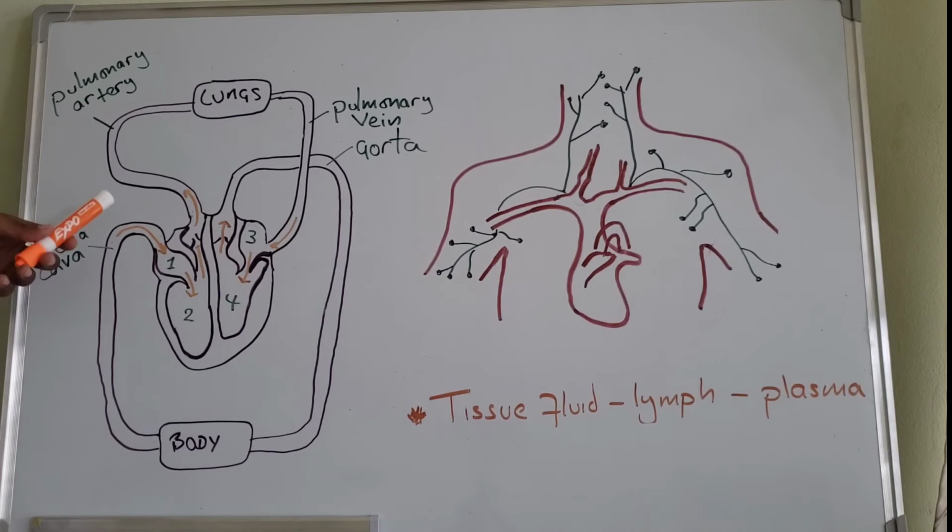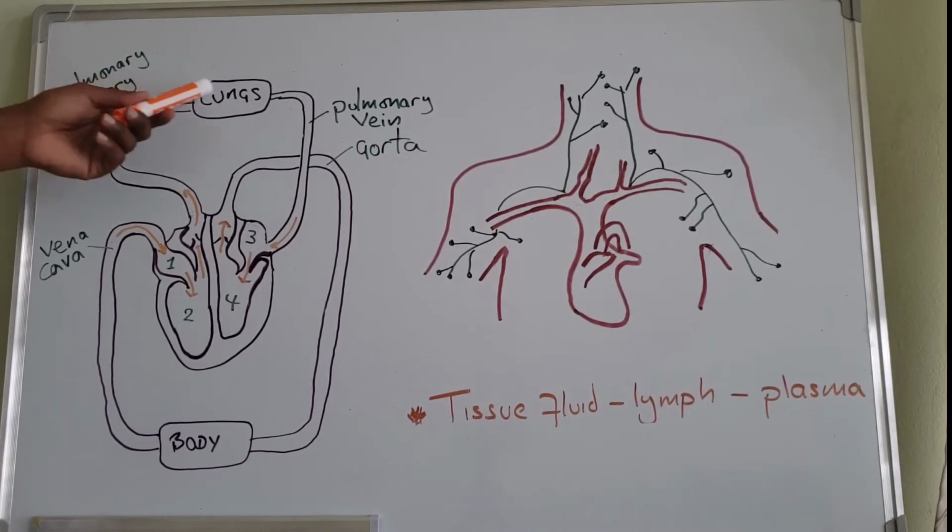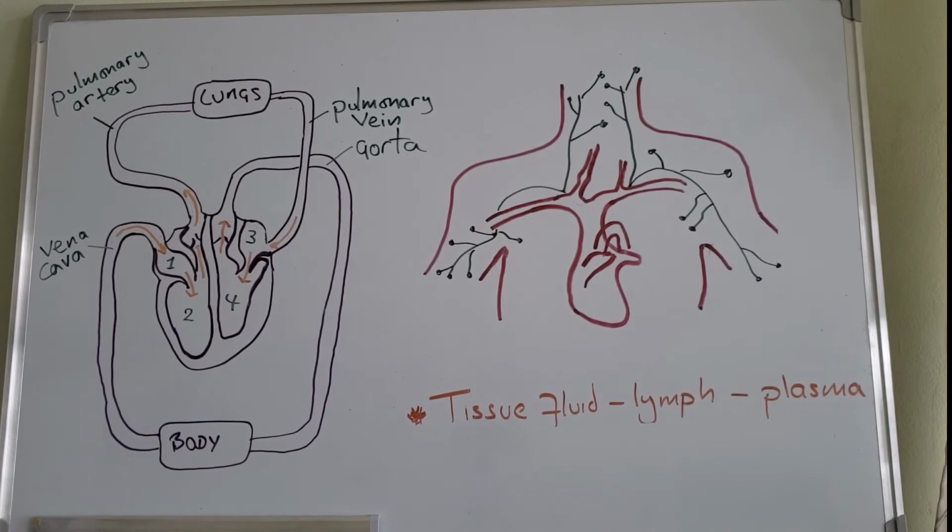So blood returning via the vena cava, and thus blood flowing through the pulmonary artery towards the lungs, is deoxygenated blood. When the blood gets to the lungs, via the process of gas exchange, exchanging carbon dioxide for oxygen, the blood will now be rich in oxygen.